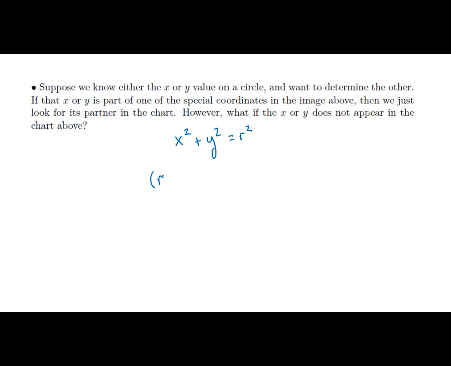Those would be r cosine theta and r sine theta. And I can do a little simplifying here. I can bring the exponent to each of the factors. So r squared.